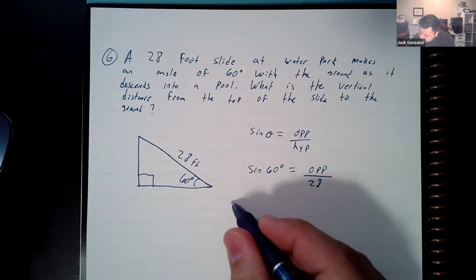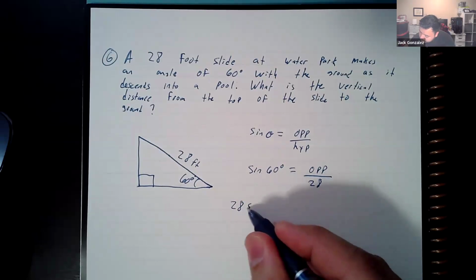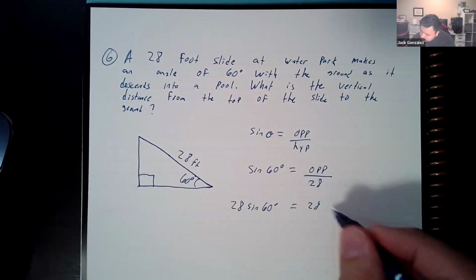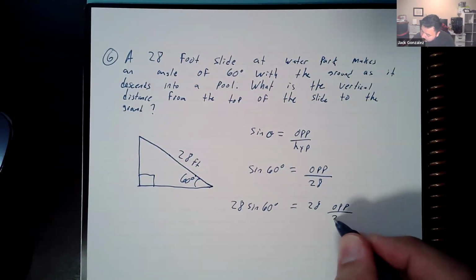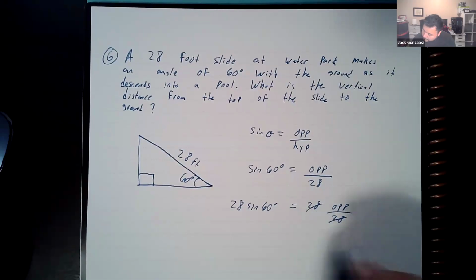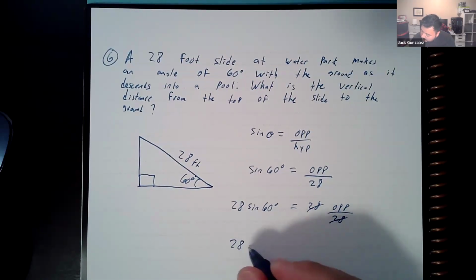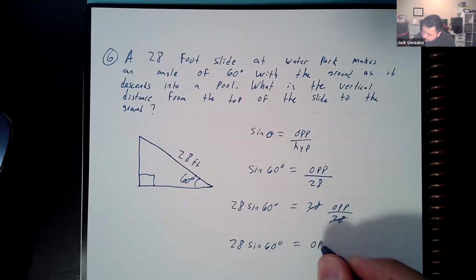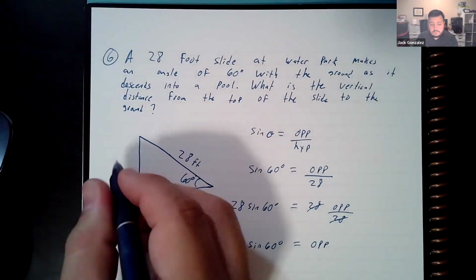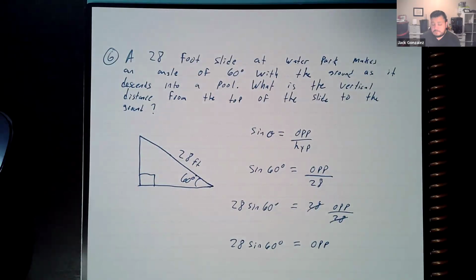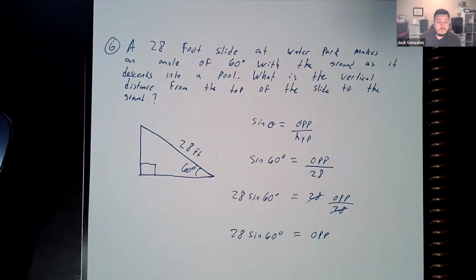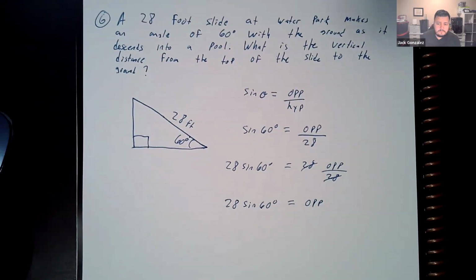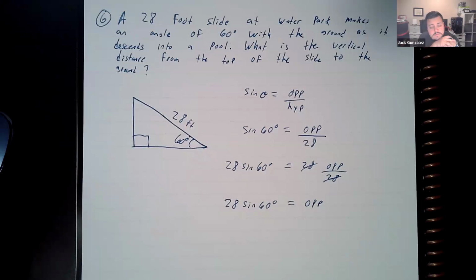Do some algebra. We cancel this. So 28 sine of 60 is equal to the opposite side, which is our height. Probably should have called it h, but h would be confused with hypotenuse. I think x would be fine, but who cares?